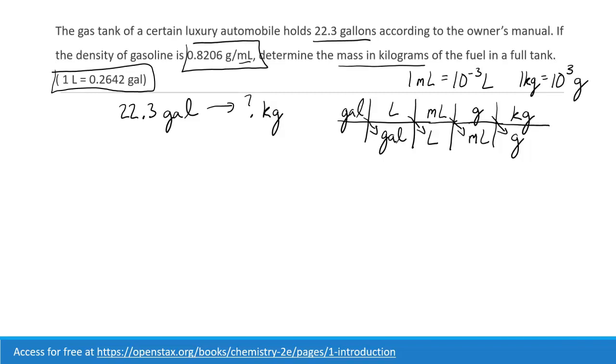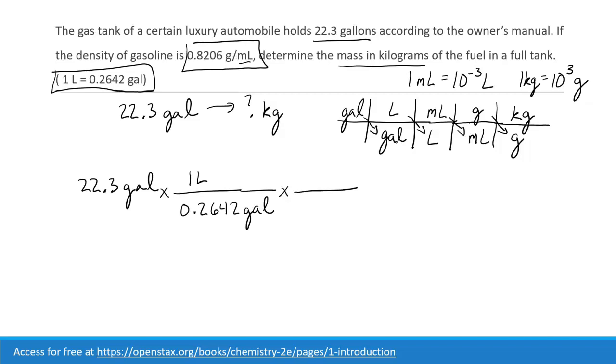Okay, starting out with that 22.3 gallons, we will first multiply by the conversion factor between liters and gallons. 0.2642 gallons in 1 liter. The second step is to convert from liters to milliliters. 1 milliliter on top for every 1 times 10 to the negative third liters on the bottom.